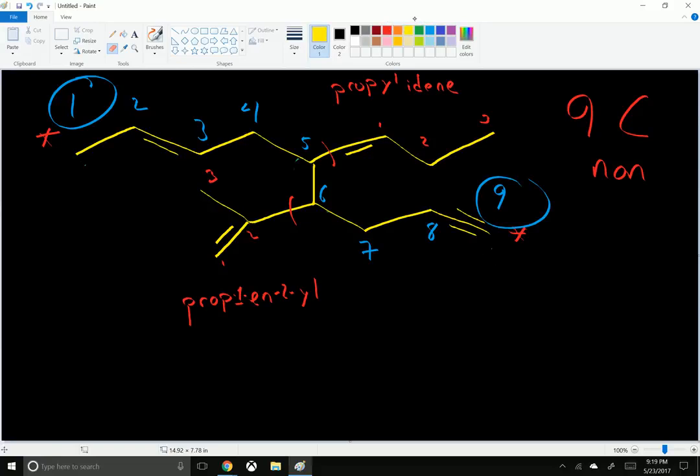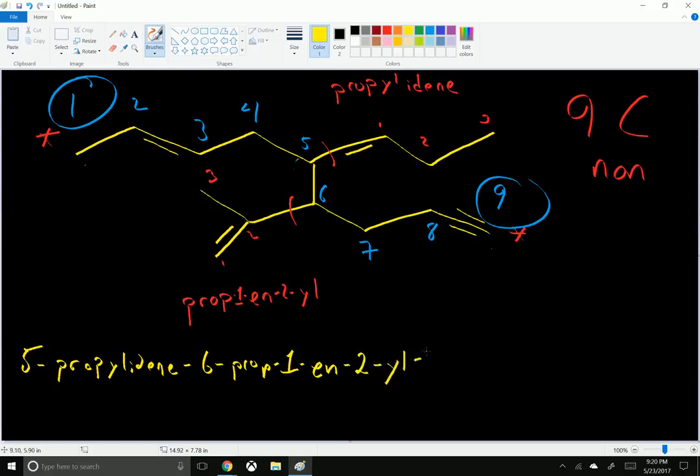Okay, so that means we are looking at a 5-propylidene, 6-(prop-1-en-2-yl), non-2-en-8-yne.